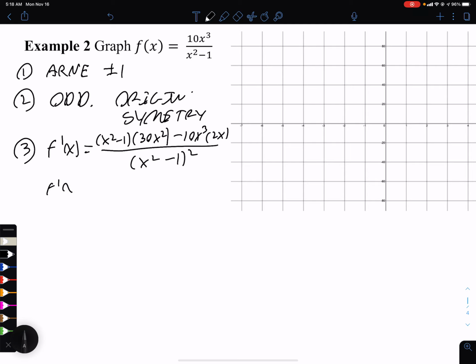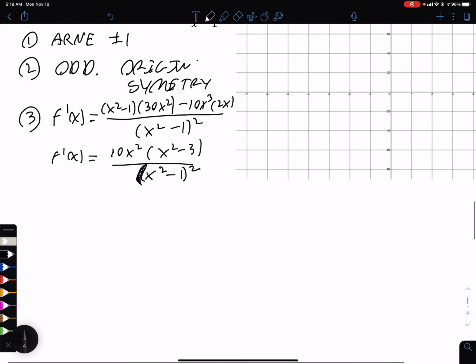Now this simplifies very simply to this: 10x squared times x squared minus 3 over parentheses x squared minus 1 squared. Okay? And then if you take the derivative, let's just work with this one.